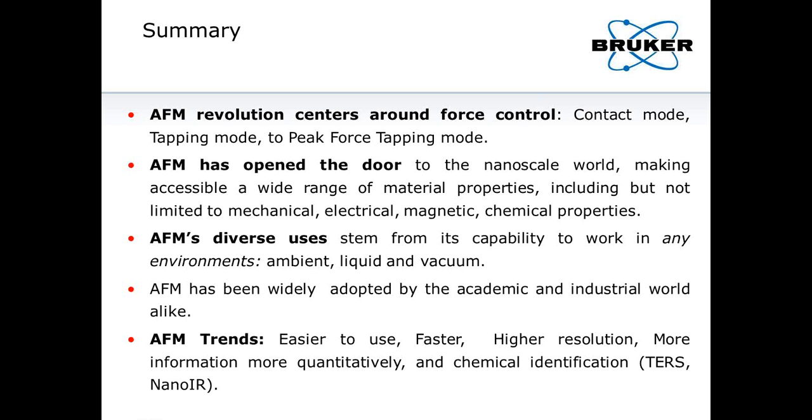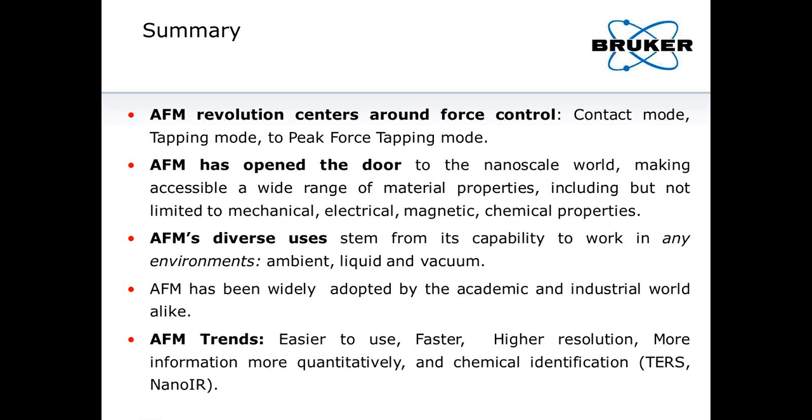It's done by PeakForce tapping mode, and most likely it's done with what we call the ScanAsyst-Fluid sharp probe, and that one has a spring constant of around 0.4 Newton per meter. So you can use a small force. You don't deform the blood cell too much, right? So you want to apply small force there.